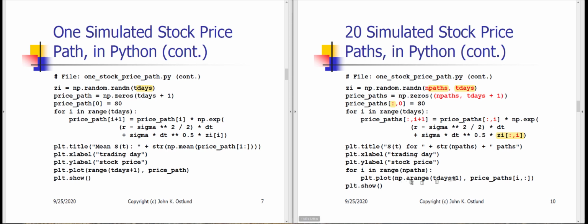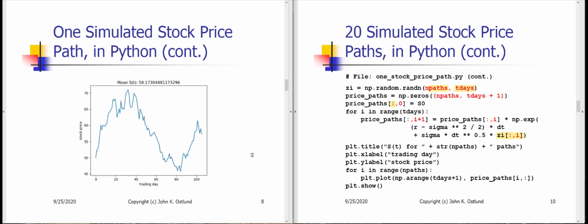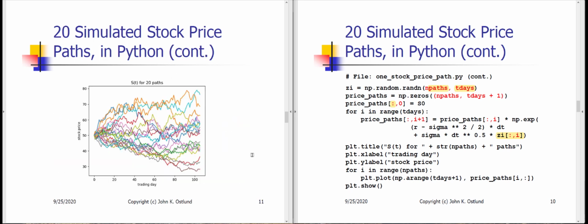Then we're going to plot what's going on here. So let me show that plot. Okay, there we have that plot. And if you follow along, most of these paths are not quite so volatile as that first path that we looked at.